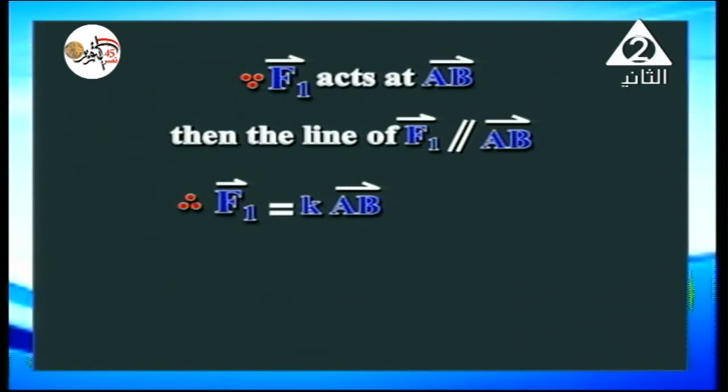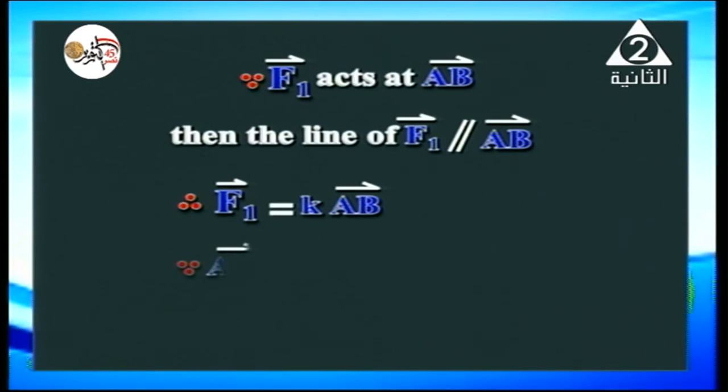Therefore, from the properties of vectors, F1 equals k times the AB vector. If we have two vectors that are parallel, we deduce that the first vector equals k times the second vector, where k is a real number not equal to 0.